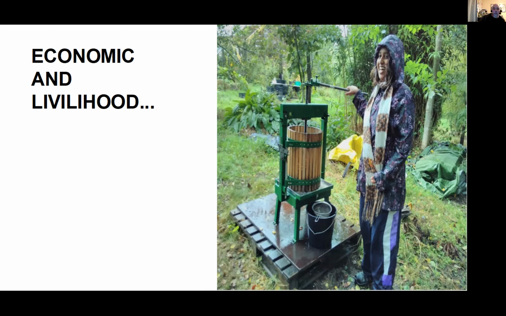And some of it we were making into cider, which again is a valuable commodity that could potentially contribute to some sort of livelihood. And all manner of other forest garden products that maybe we'll talk about in the next session. So definitely can contribute to economic and livelihood.